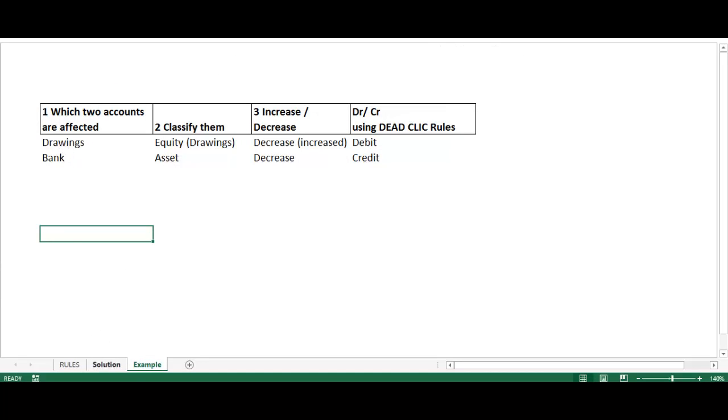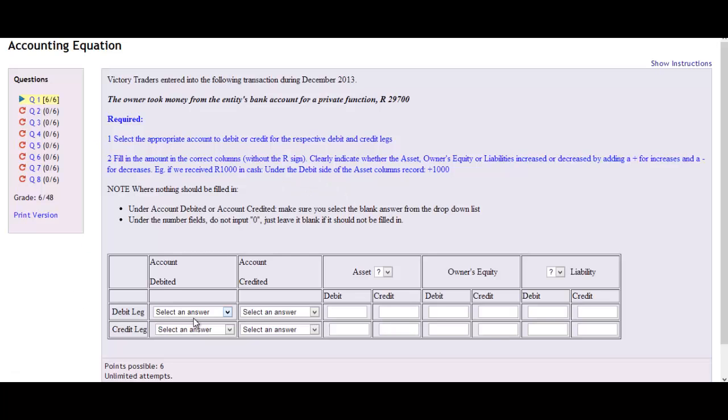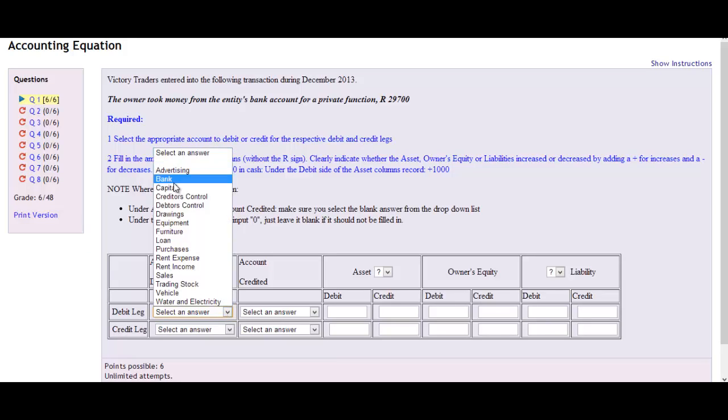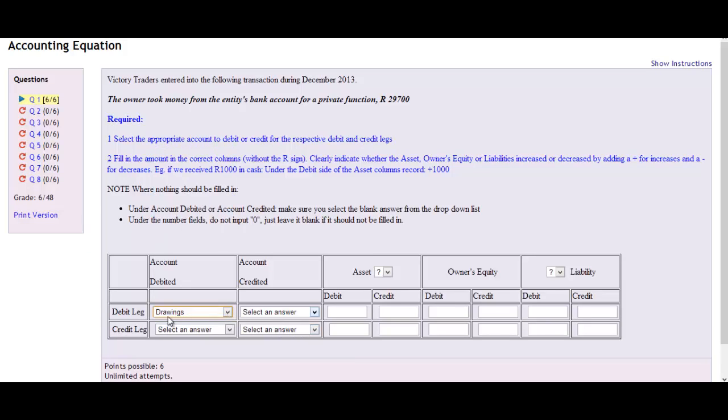Debit drawings, credit bank. So we go back to our question and we're going to say debit drawings for the debit leg, and our credit leg is going to be the account credited, going to be bank. Then these two blocks, we're just going to make them blank in order to get our full marks for the question. We need to remember to input our accounting equation, assets equals owner's equity plus liabilities.